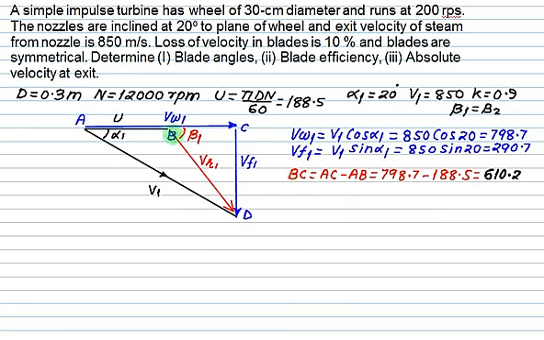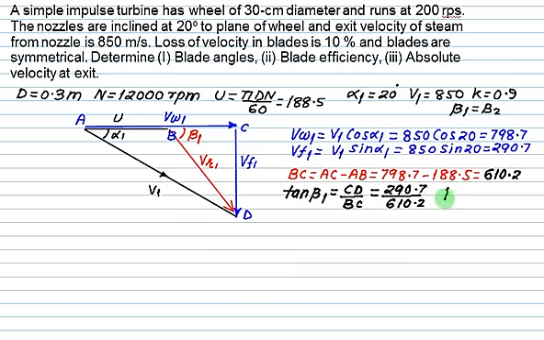Now check, is the triangle BCD a right angle triangle? So can we apply tan beta 1? So what is tan beta 1? Tan beta 1 is opposite, which is CD, and adjacent is what? BC. Out of that, CD means Vf1, which equals 290.7, and BC is 610.